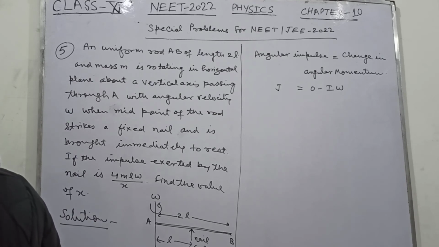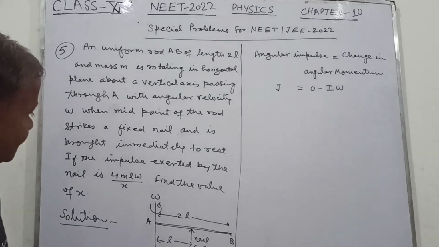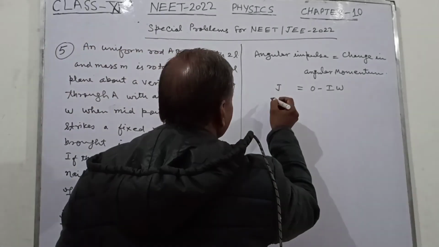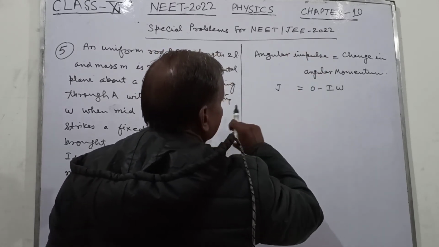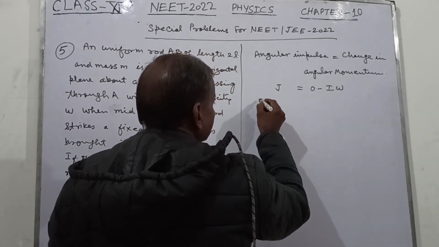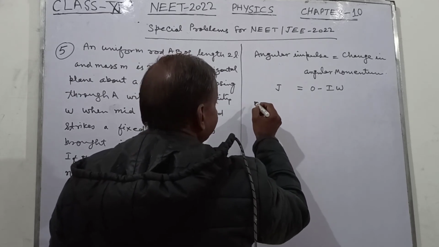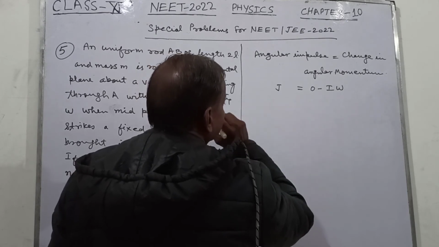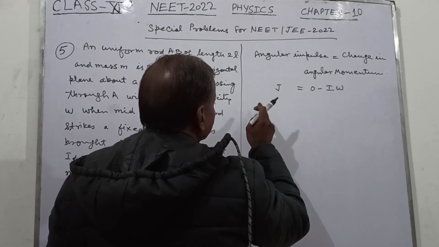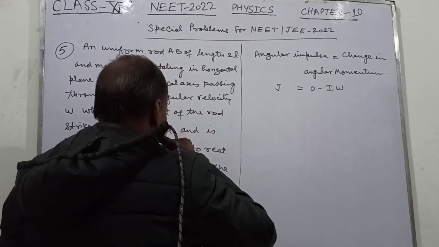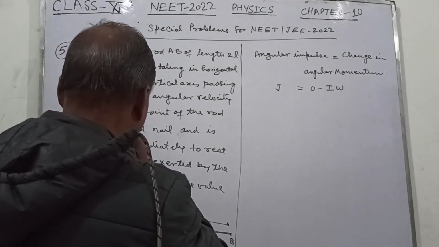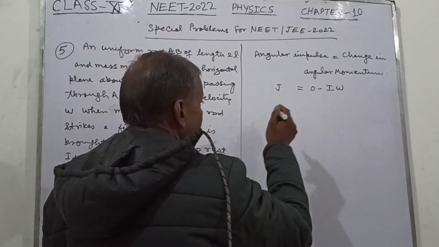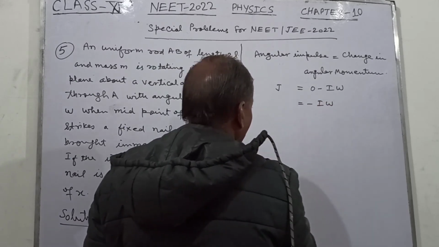If the impulse on the nail is so much, and J is equal to angular impulse, the change in momentum is the angular impulse J. This will be your torque, equal to minus I omega.